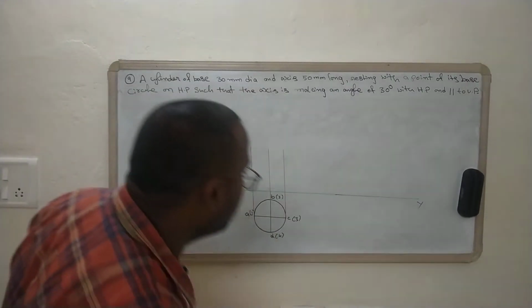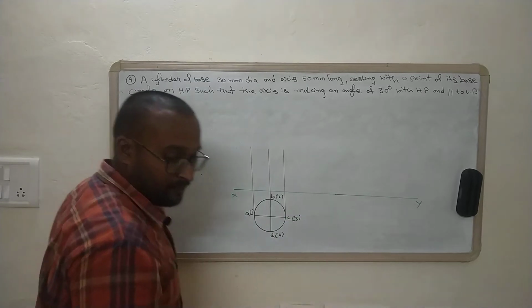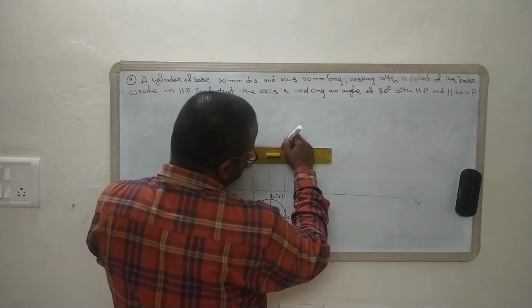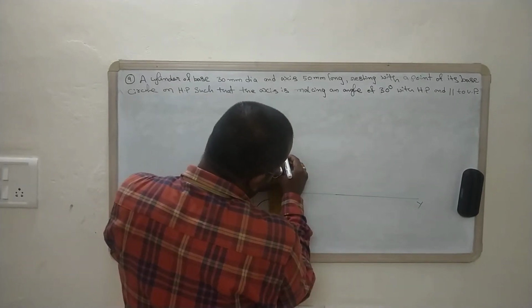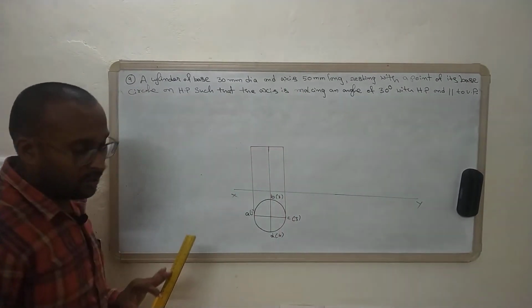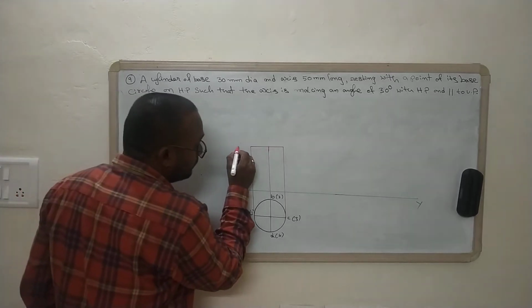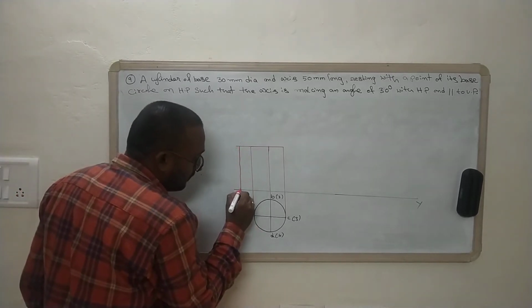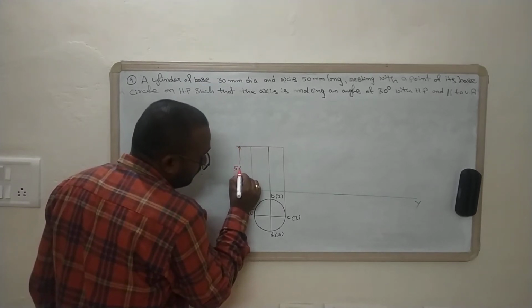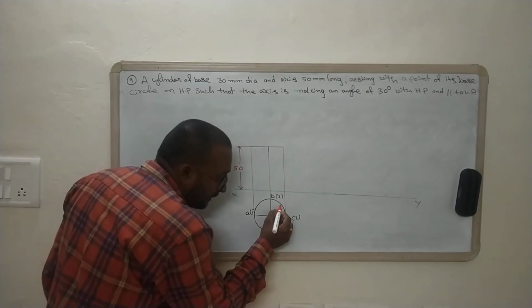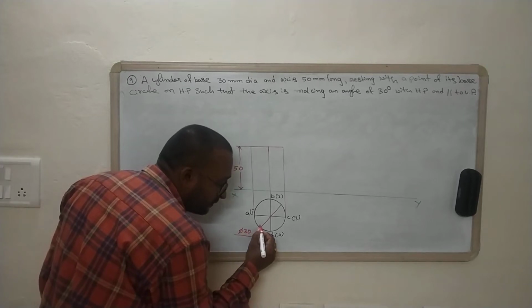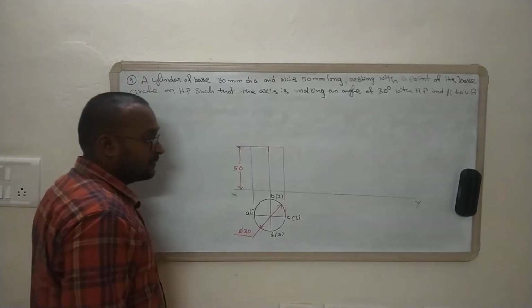Right? Here this is the front view, with the height of 50 mm long, and this diameter is 30, right?